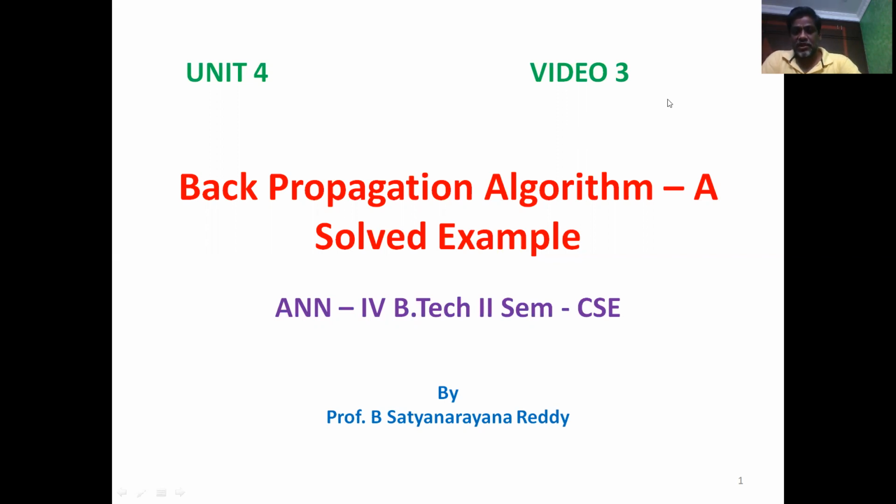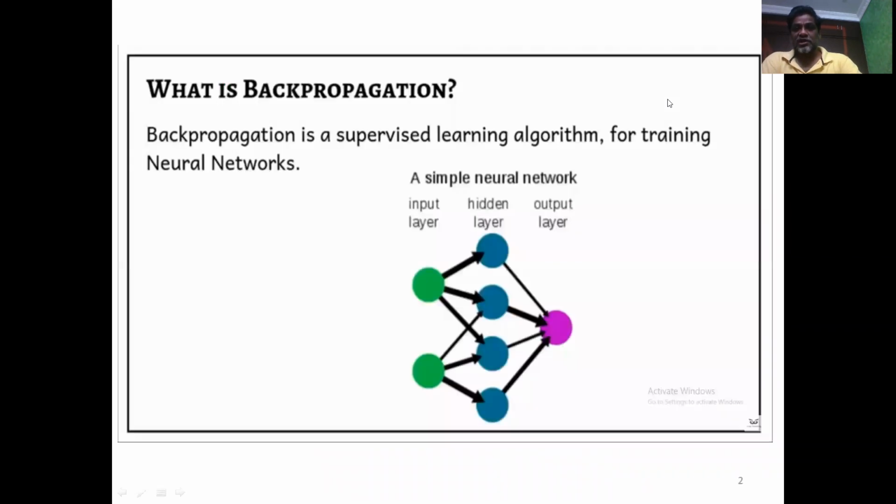Let us start with a simple introduction to the backpropagation algorithm. What is backpropagation? We know that backpropagation is a supervised learning algorithm for training neural networks, particularly feed-forward neural networks. Observe this diagram. There is one input layer, one hidden layer, and one output layer.